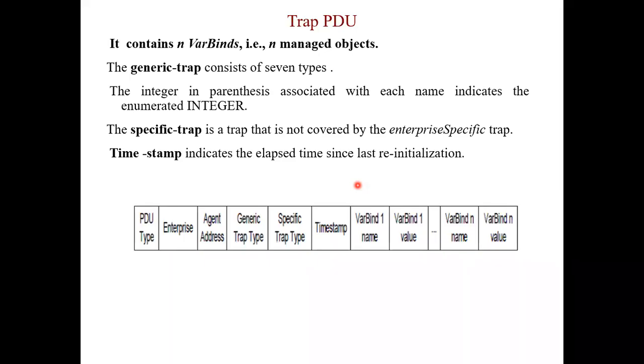The performance monitoring team will see why that link is going down. Is there congestion? Is there more traffic at that point of time? So all the FCAPS teams will work in coordination with each other. That's why the timestamp is included, and again all the objects that are handled by the agents are included over here. I hope this is clear.